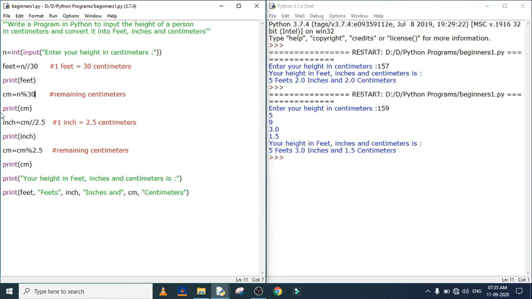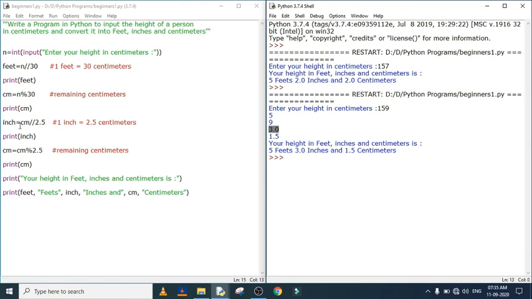Then inch, cm floor divided by 2.5: 9 divided by 2.5 is 3, up to 7.5 will be considered as inches.